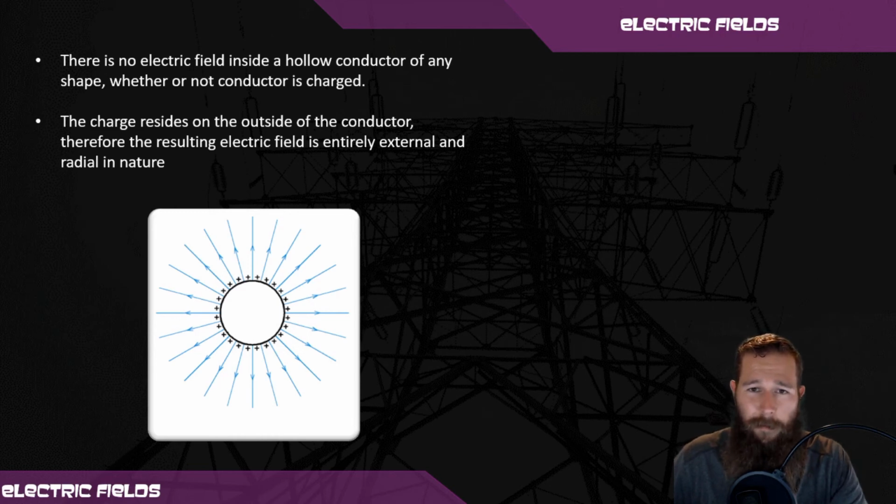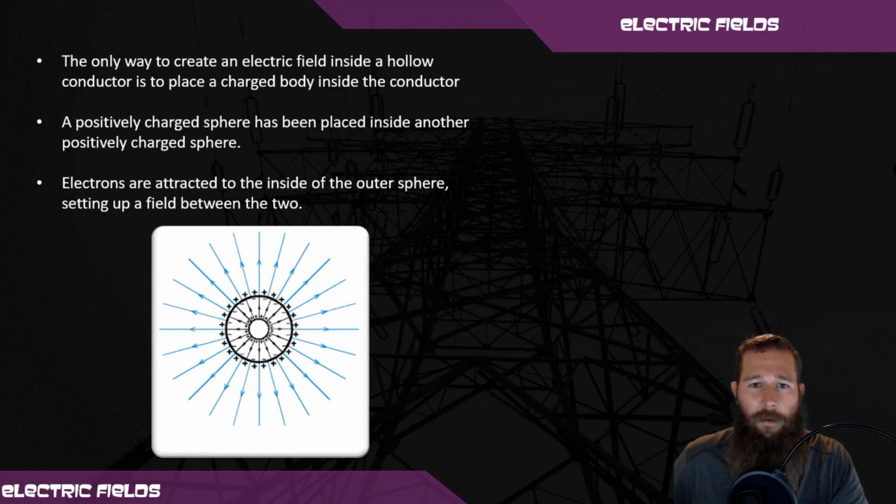So we've been talking about spheres, but if you have any other shape, being a cone shape, even in that situation, there's no field inside the cone because the forces still balance out in a static equilibrium. The only way to create an electric field inside a hollow conductor is to place a charged conductor inside that.